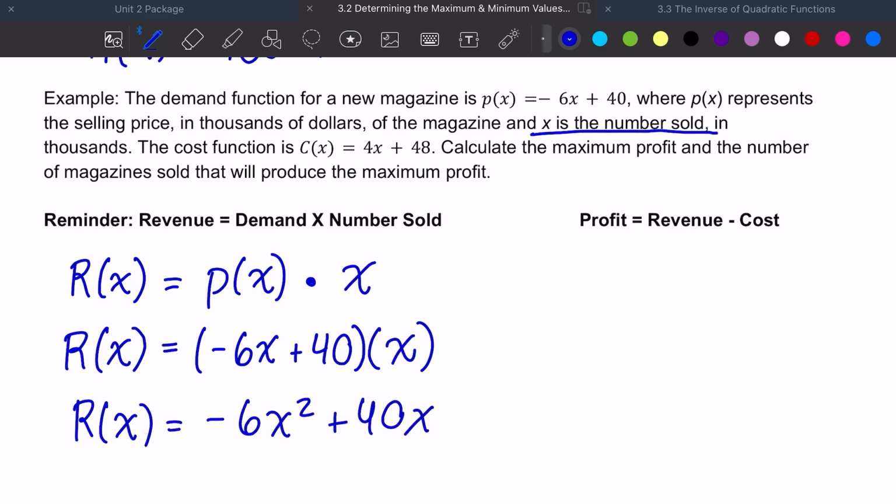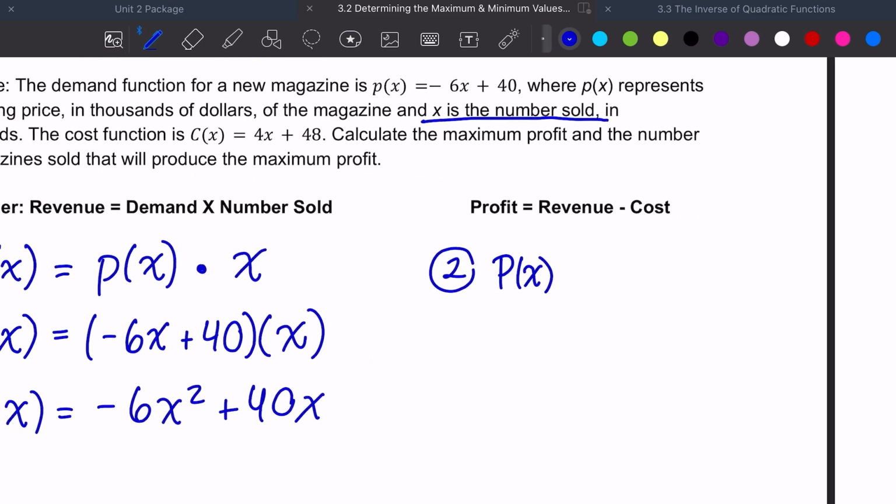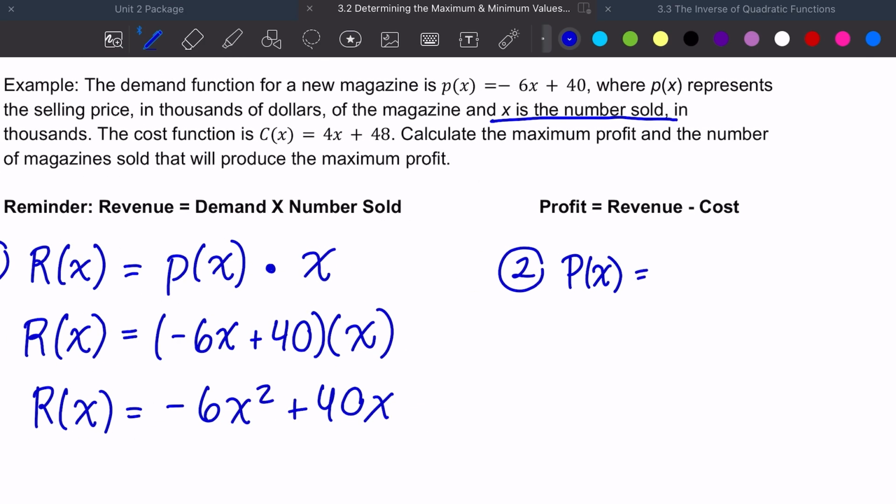All right, so that's step one. Step two is then the profit function is your revenue function, which we just found, minus your cost, right? So profit, which I'll do capital P instead of lowercase p, is equal to R of X minus your cost function.